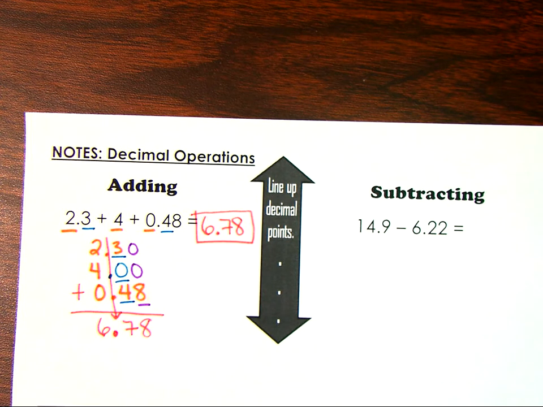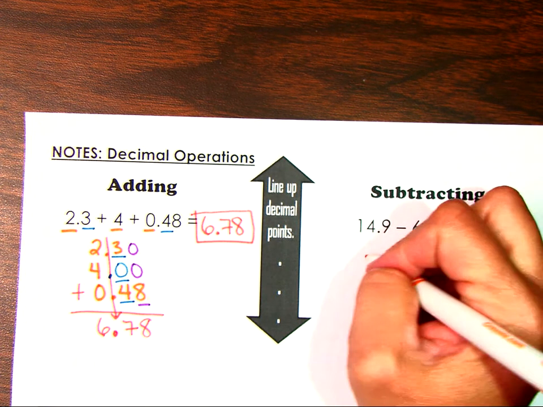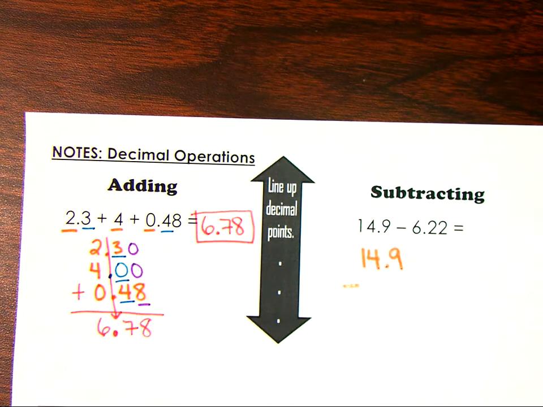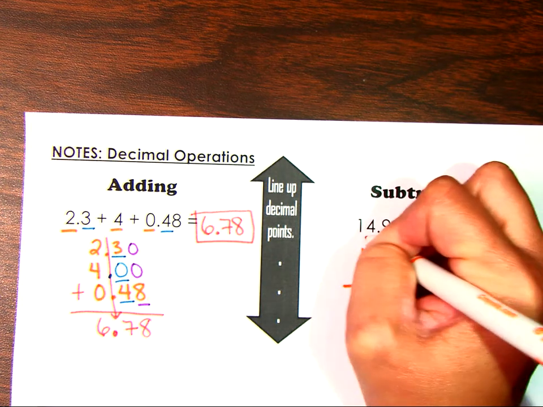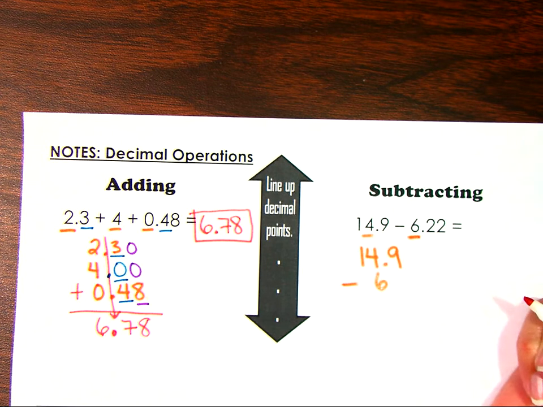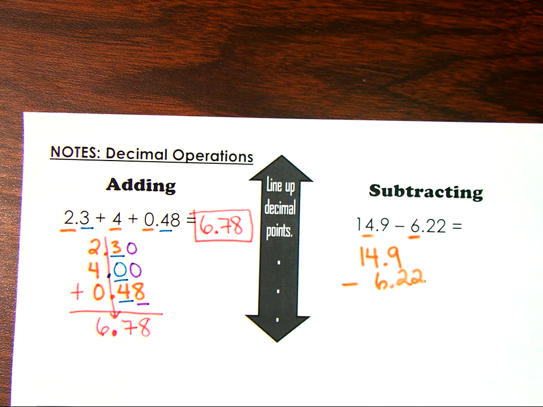14 9/10, subtract or take away 6 22/100. So our top number, 14 9/10, we're going to take away, well, this 6 is in the same place value as that 4. So we're going to put the 6 underneath the 4, line up those decimals, and then write our numbers.